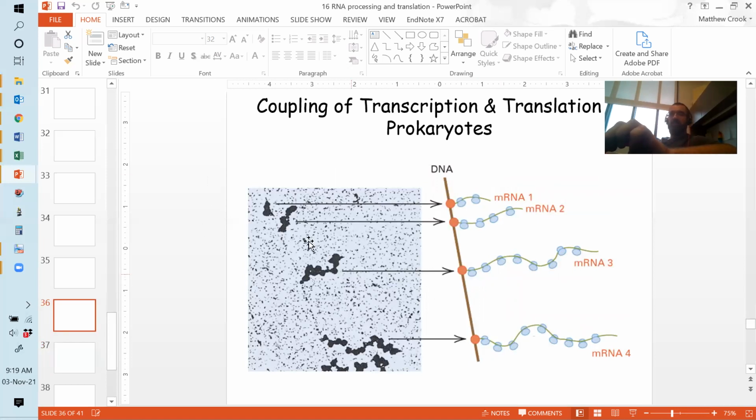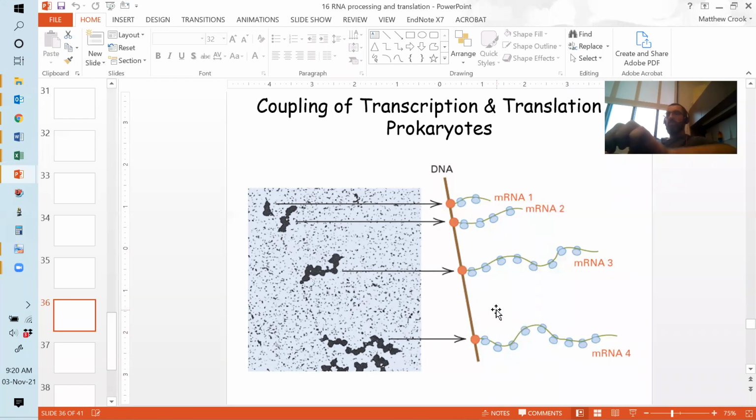And so this is a transmission electron micrograph of some bacterial DNA. And these big blobs, because they are actually physically large, are the ribosomes. And so essentially you have one piece of DNA, multiple mRNAs, and each of those mRNAs forms a polysome, right?